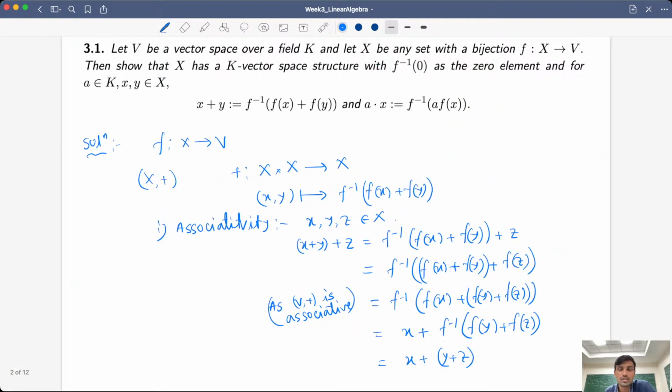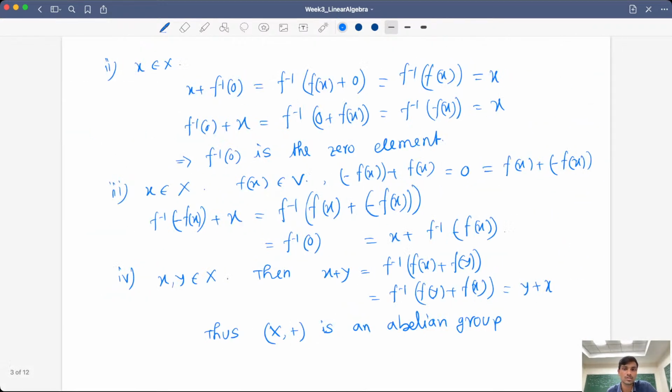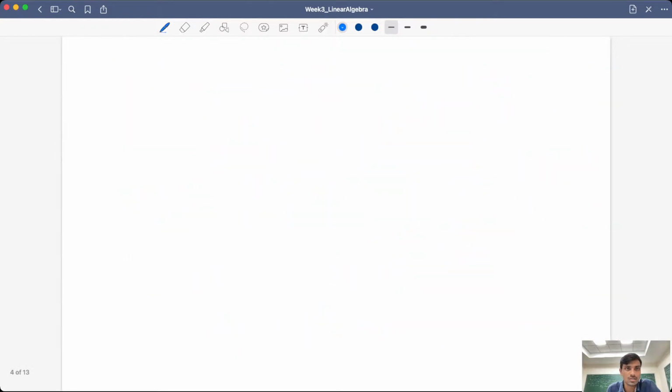Now the multiplication on X is defined like a dot x equal to f inverse of a fx. So these should satisfy the 4 conditions. So let us check that.